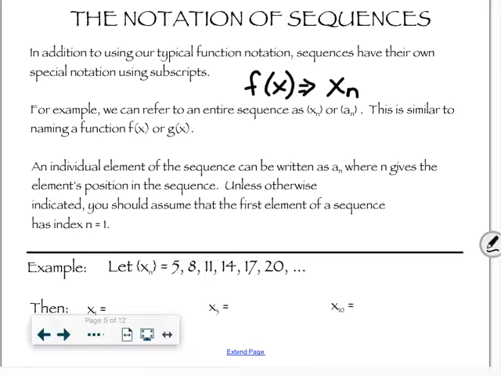But that represents the entire sequence, the entire list of numbers that are in a special pattern. And we can use other letters like A sub n, G sub n. An individual element, we write like this. X sub 1 would represent the first term.